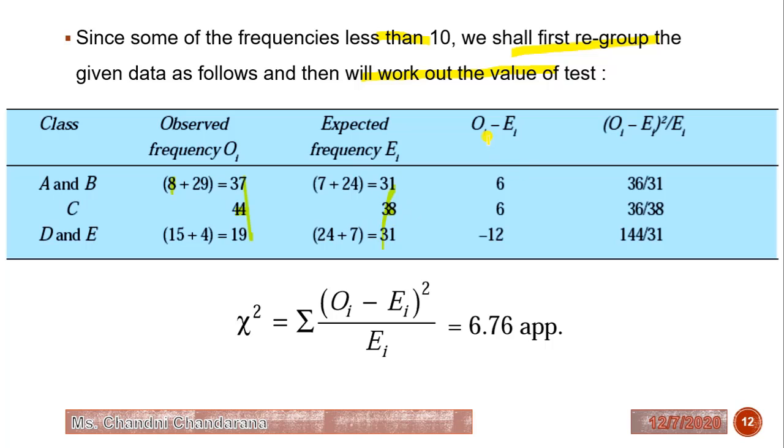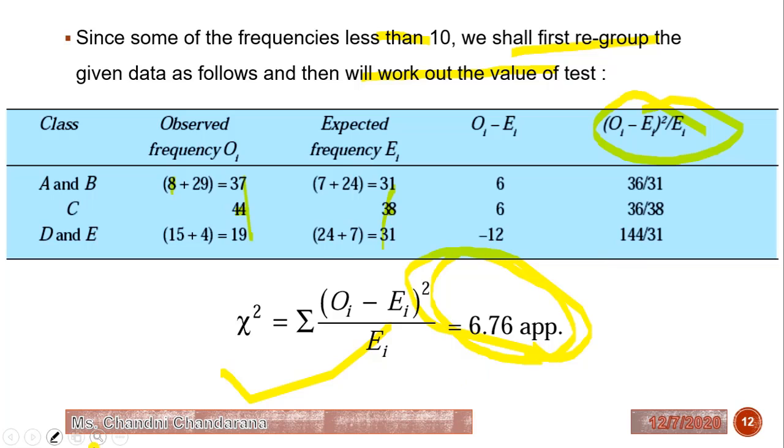Now we calculate O minus E, observed frequency minus expected, getting results like 37 minus 31. Then we divide by the expected frequency, get this result, put the values in the equation, and approximately get this value.